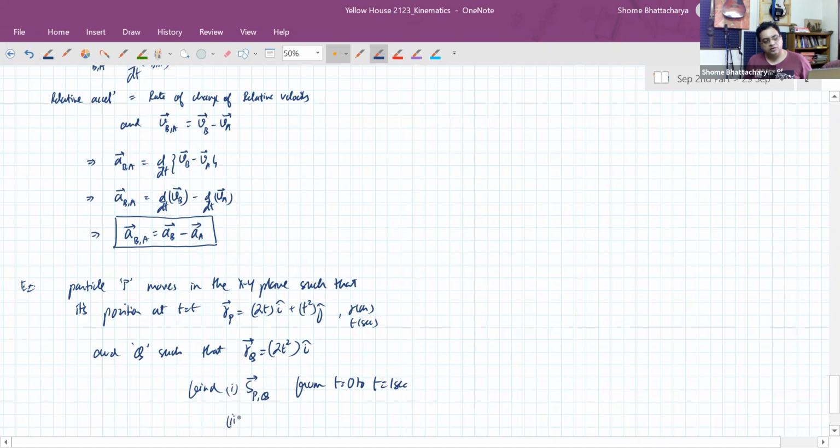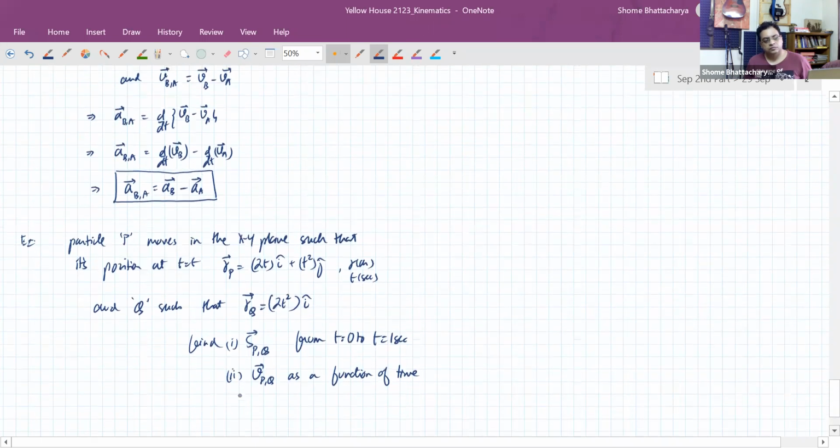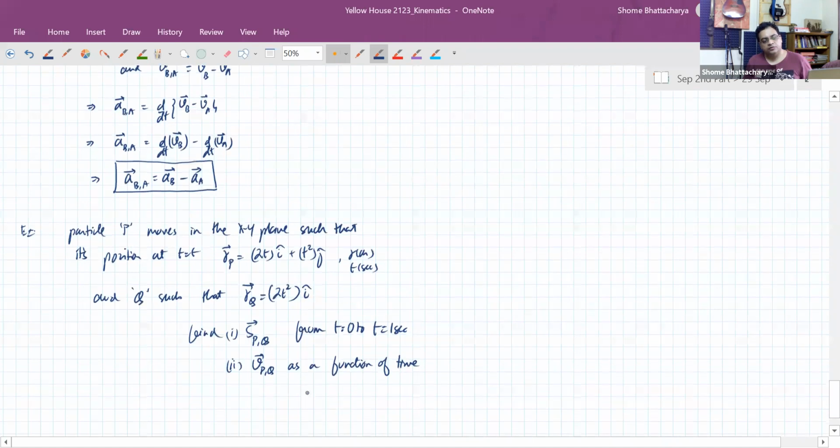Then find the relative velocity of P with respect to Q as a function of time. The value of this relative velocity at the instant t equal to 0 and t equal to 1 second.